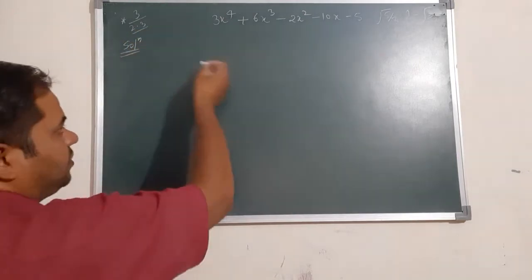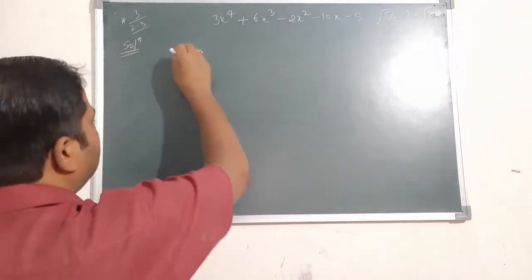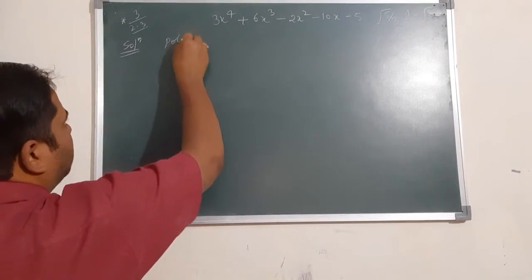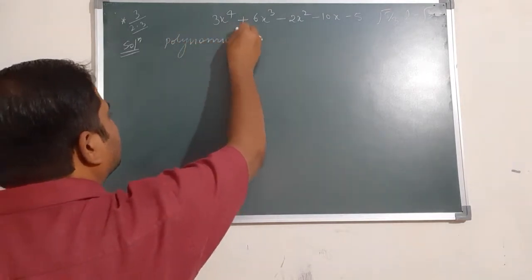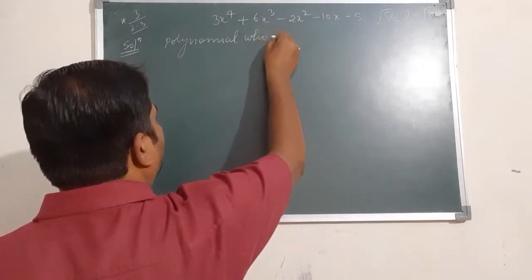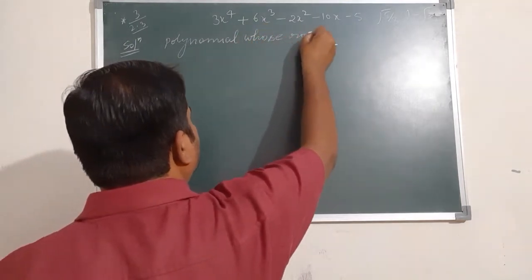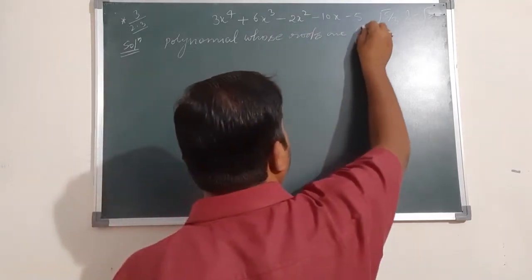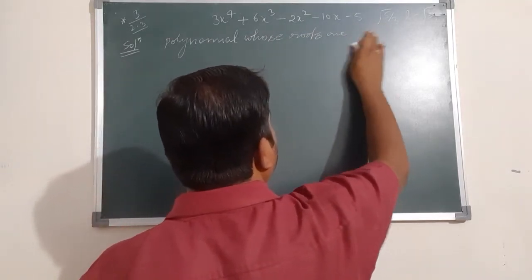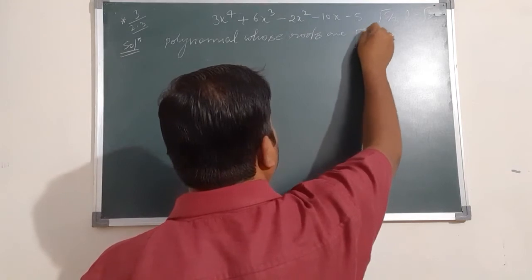First of all, we obtain the polynomial whose roots are root 5 by 3 and minus root 5 by 3.